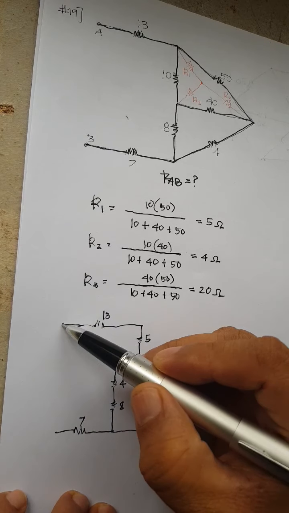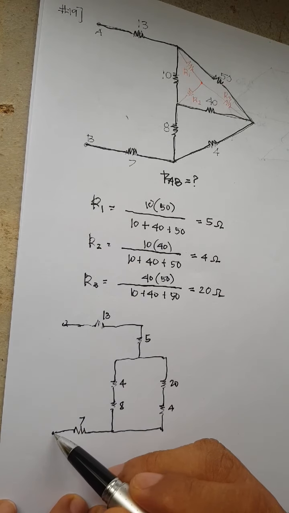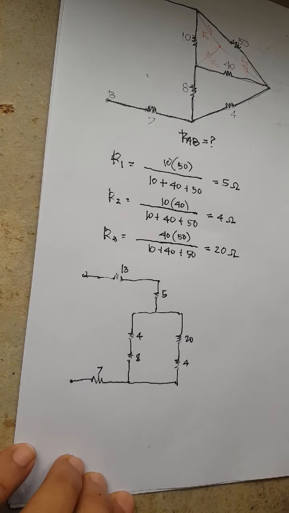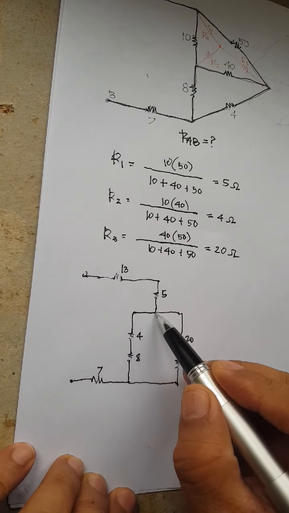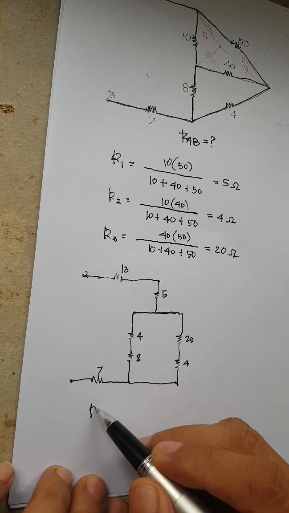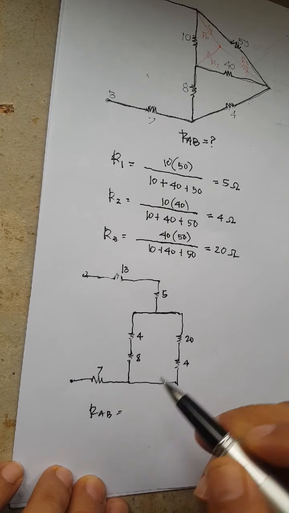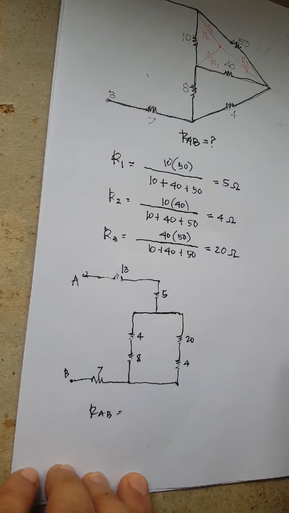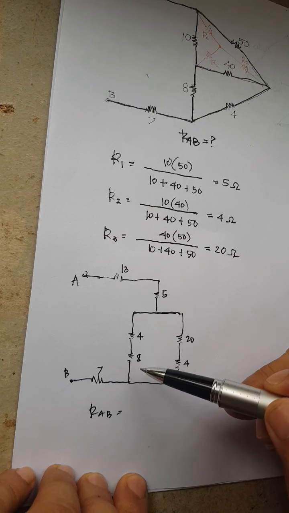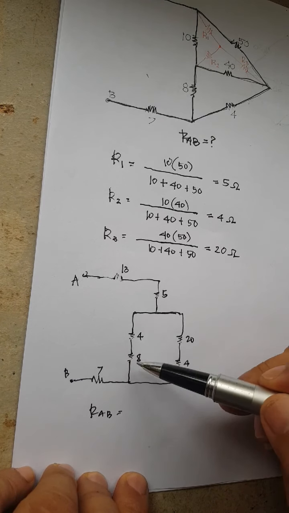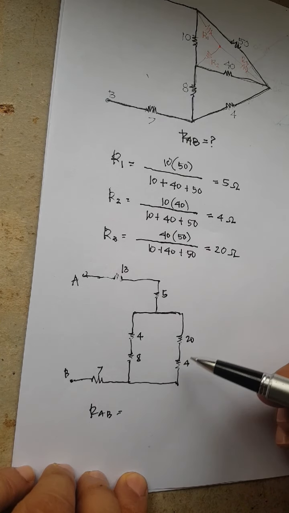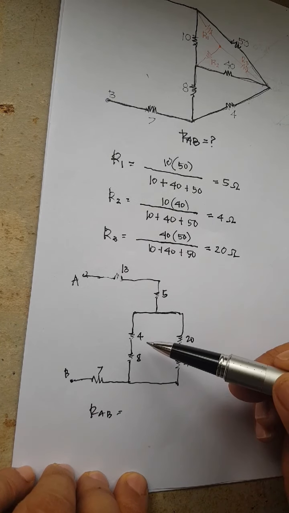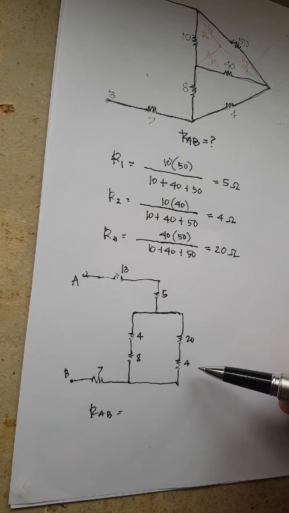So using simple series and parallel connection strategy, then we can now get our RAB. This is our A, this is our B. So these two are in series together, and these two are in series together, and then their combinations are in parallel. So this is 12, and this is 24.